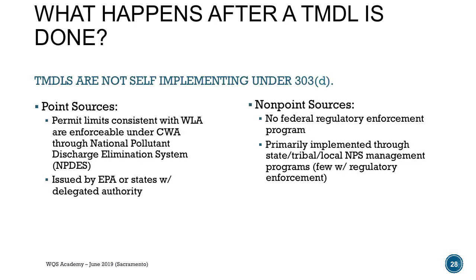And this is what happens after the TMDL is done, and this is sort of the key to the vision, too, the EPA vision for TMDLs. Point source allocations get reflected in the permits. And for non-point sources, although there aren't federal enforcements, there are other ways to get those non-point source or load allocations achieved.